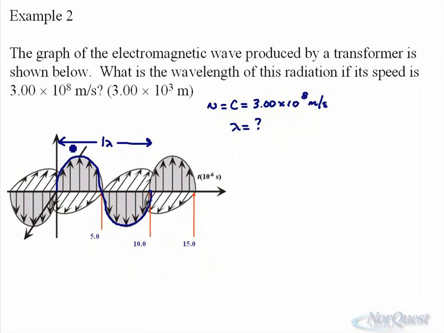So the time for one wavelength, in this case, using our graph, will be 10.0, also times 10 to the negative 6. So it's 10 times 10 to the negative 6 seconds. So we're using a graph to interpret some value for us in this question.